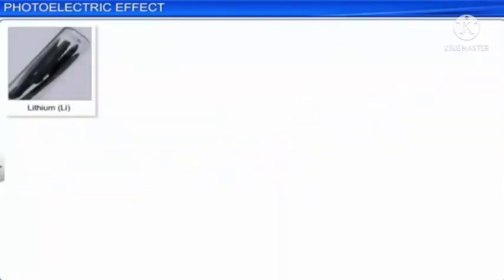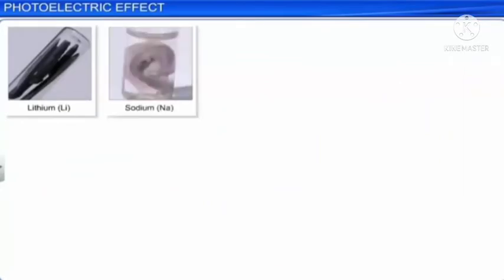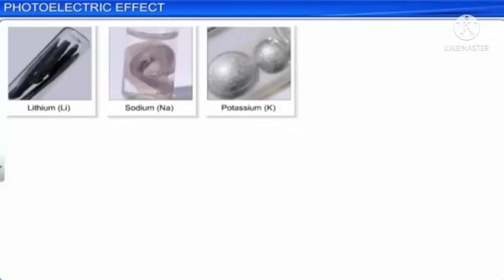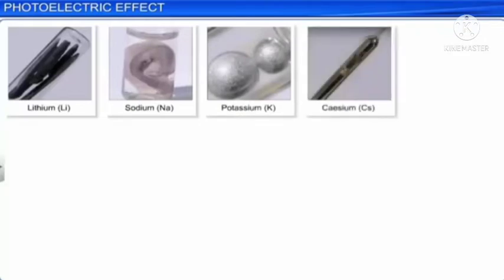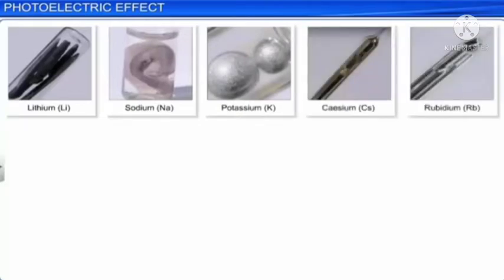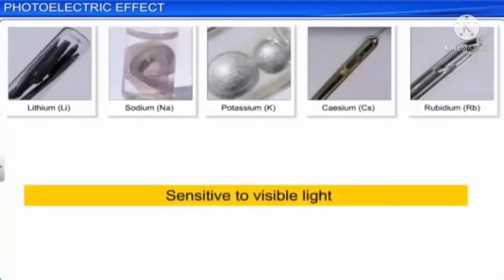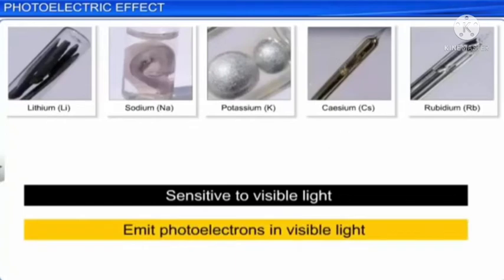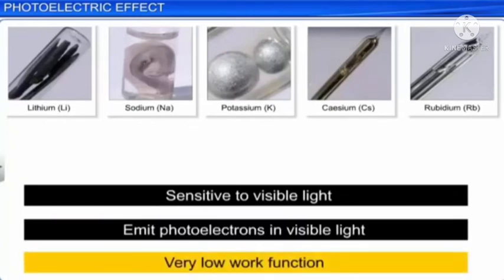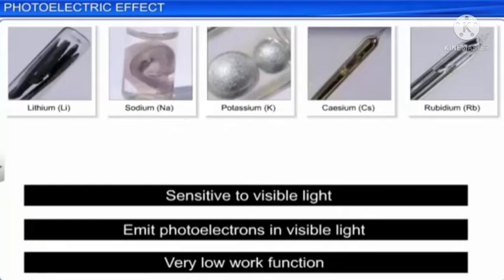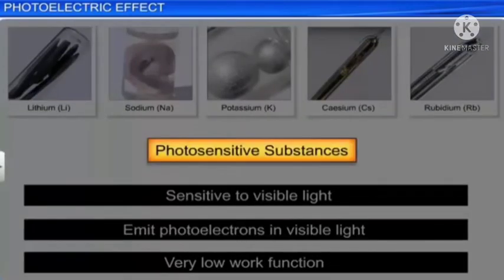Whereas some alkali metals such as lithium, sodium, potassium, calcium, and rubidium are sensitive even to visible light. Such metals which emit photoelectrons in visible light and have a very low work function are known as photosensitive substances.